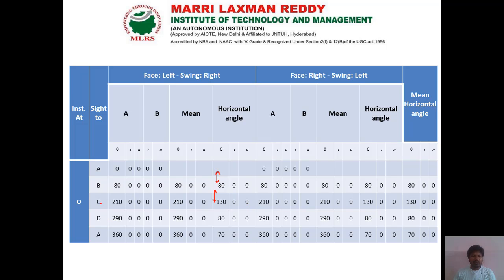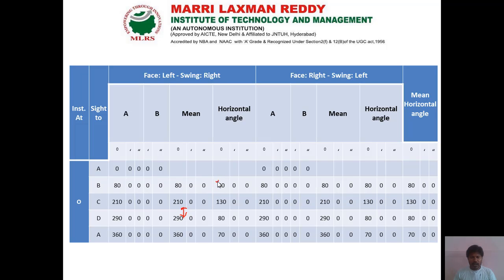Next, while focusing the point D, I get the angle of 290 degree. So the horizontal angle becomes the difference between these two readings: 290 degree minus 210 degree, so I get the angle of 80 degree.